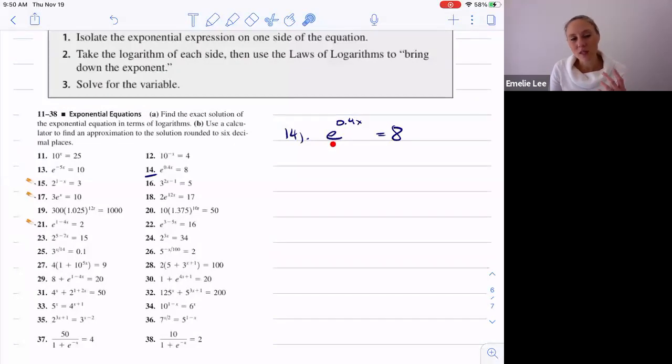In this case, because it's e, I'm going to use the ln, but what you'll find is that I'll probably always use ln unless it's an easy base to cancel. And so I usually use ln to bring down any exponent. It doesn't have to be the same one as the base.